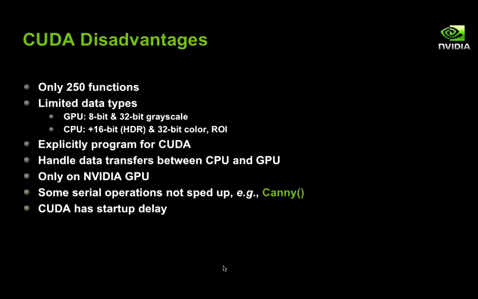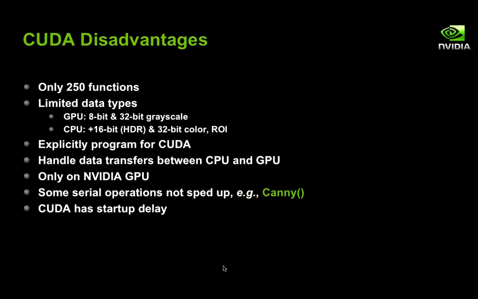There are some disadvantages to the CUDA module as well. One of them is that the API for the CUDA module of OpenCV is not as extensive as the CPU version, which contains almost 10x the number of functions in comparison to the CUDA module. However, we are continuously investing at NVIDIA in growing this part of the library.